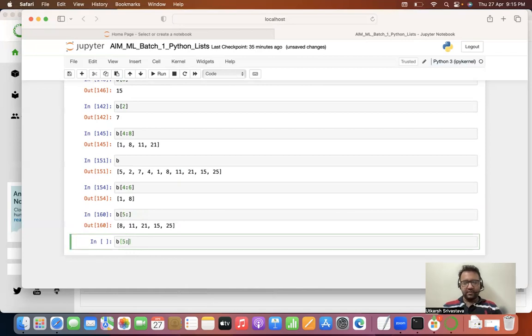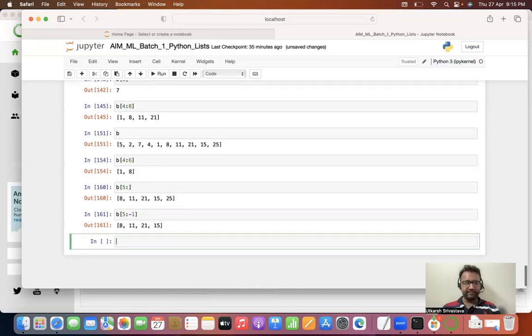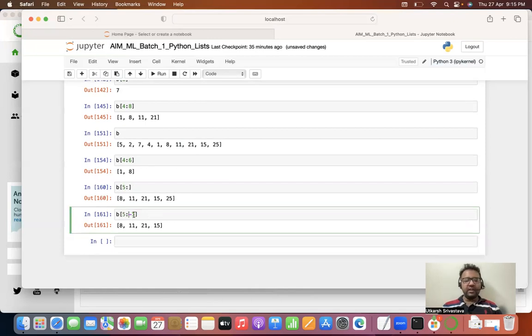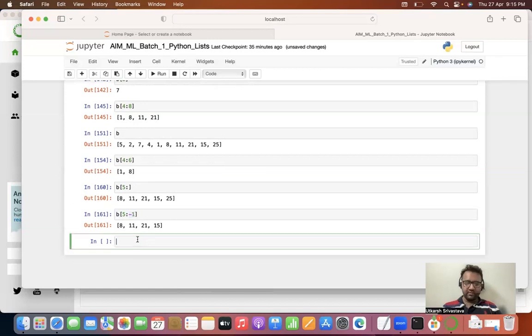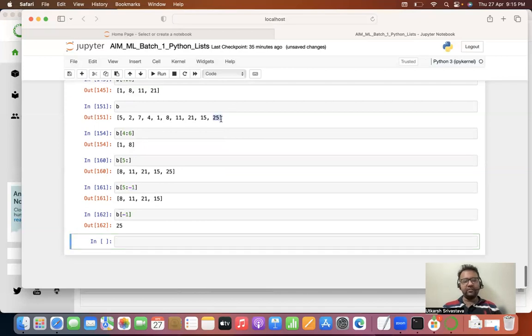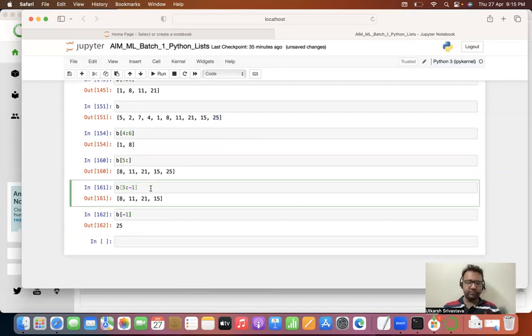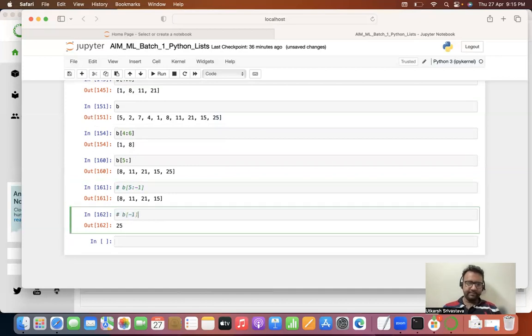Now, there's one more answer, 5 colon minus 1. See, 5 colon minus 1 will exclude the last element, 25. Let us not discuss that, otherwise confusion will be created.